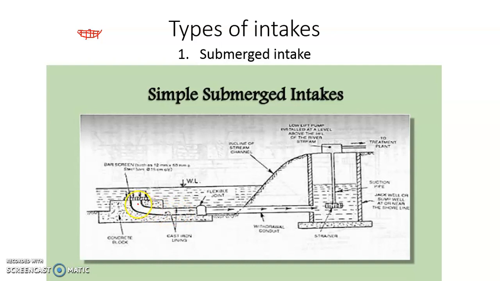What is this penstock? This is a cast iron pipe. A long cast iron pipe is there. This pipe is called penstock. And you can see this entire structure is placed on a concrete block, to avoid floating away of these structures, to avoid destruction of these. Then this water is delivered into a sump.